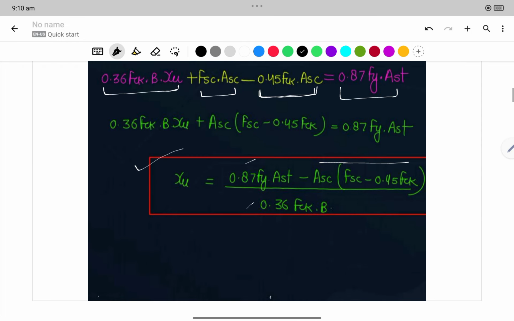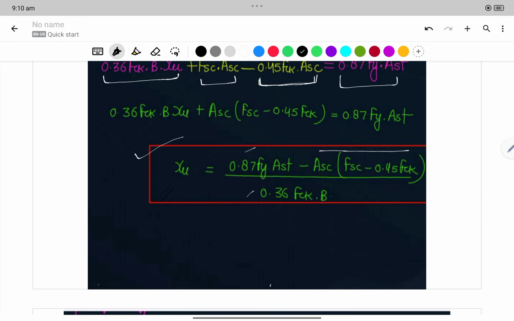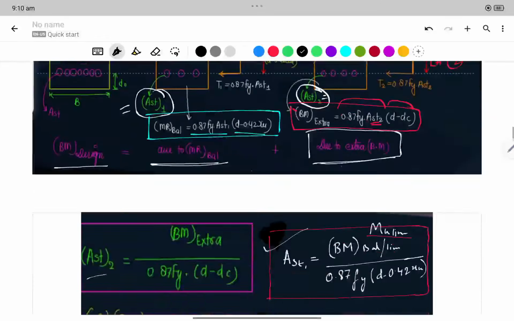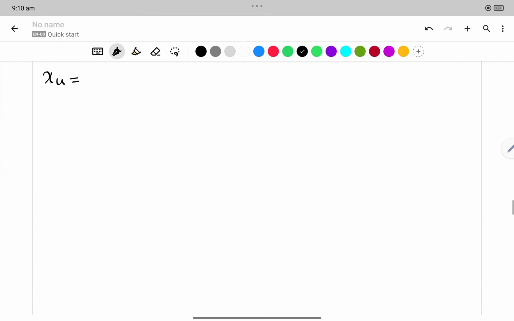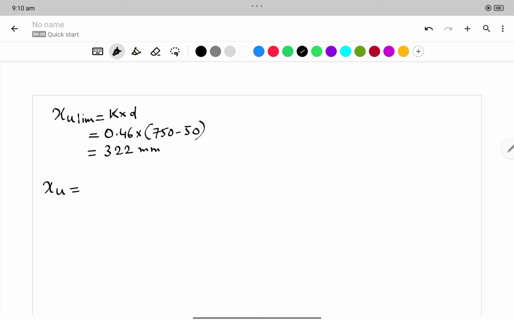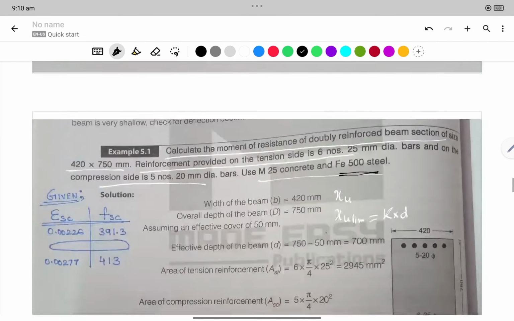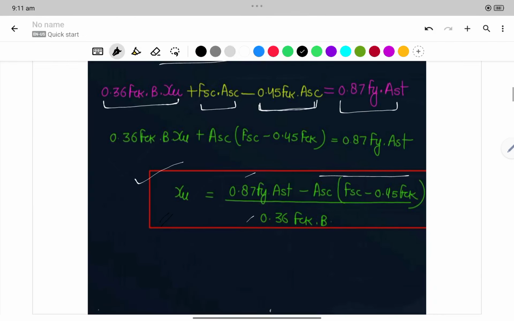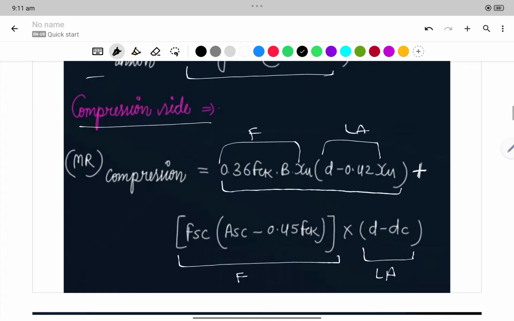Okay, so how you can remember, just write first the singly reinforced thing, 0.87 Fy AST divided by 0.36 FCK B, minus ASC, just check once, ASC (FSC minus 0.45 FCK).